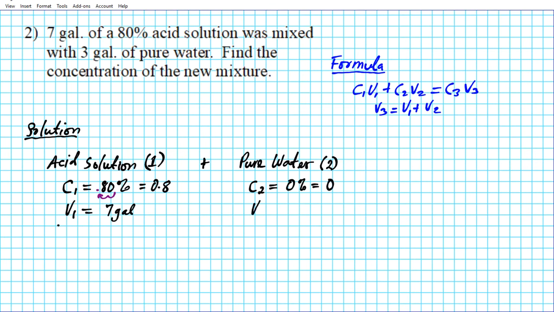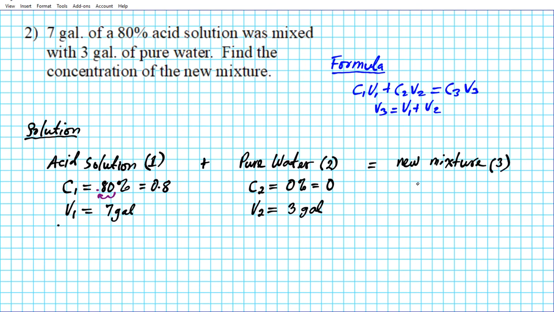Now, what's the volume of pure water that we have? V2, the volume of pure water, is 3 gallons. All right, so that's going to yield a new mixture for us.